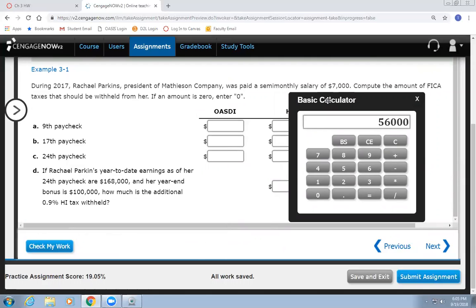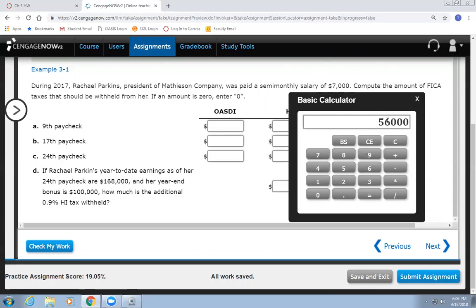So her gross pay coming in before this paycheck was 56,000. So she's nowhere near the limit. Also, it's only her 9th paycheck. She's nowhere near the $118,500 limit. So we know this next paycheck of $7,000, we're going to tax at the full 6.2%.